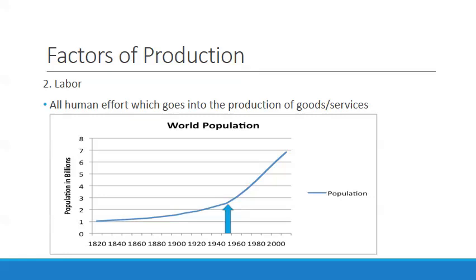Basically in the 1950s, following World War II, there was a significant increase in global population. You can see here by 2020, global population is expected to be 7 billion or greater. In other words, our population is continuing to rise. What that means, of course, is there's a greater number of laborers. There's more and more laborers. So labor is one of these resources in which we see it constantly expanding.